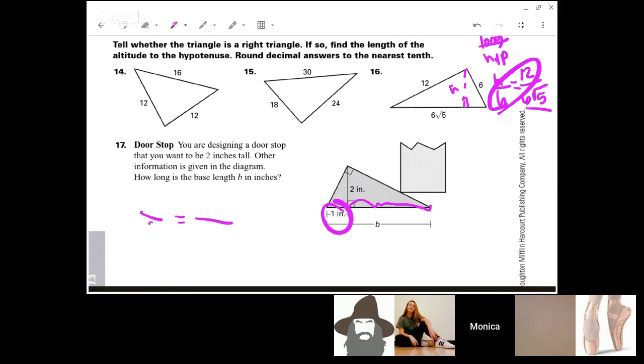So on the bottom over here would be 2, and then on the top over here would be 2, because that's our altitude, right? Now, it's proportional with the lengths of the two segments that it cuts the hypotenuse into.